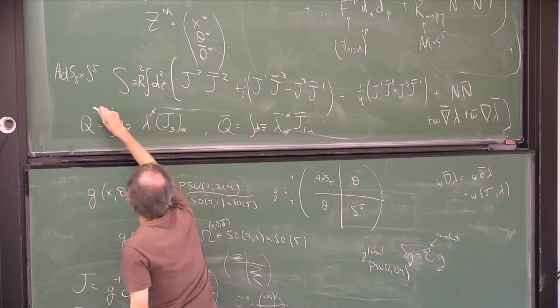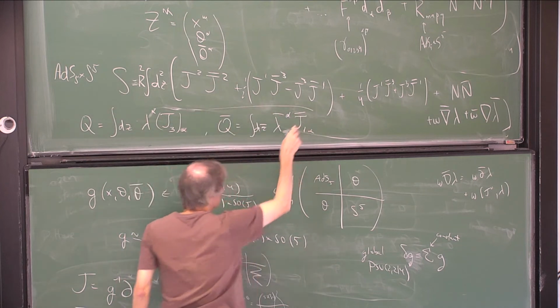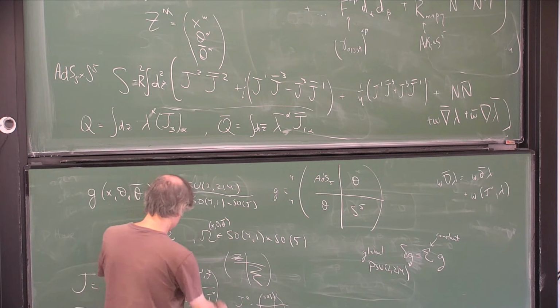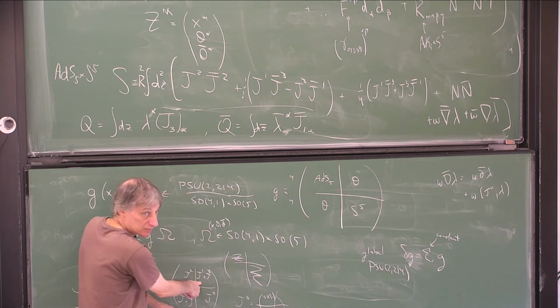And you can show that these are holomorphic and anti-holomorphic currents using the equations of motion. So the alpha component of J3, where does this come from? So J3 and J1 are the fermionic PSU(2,2|4) generators.